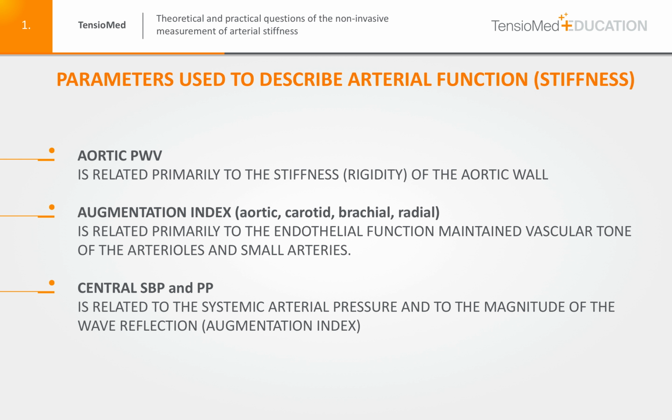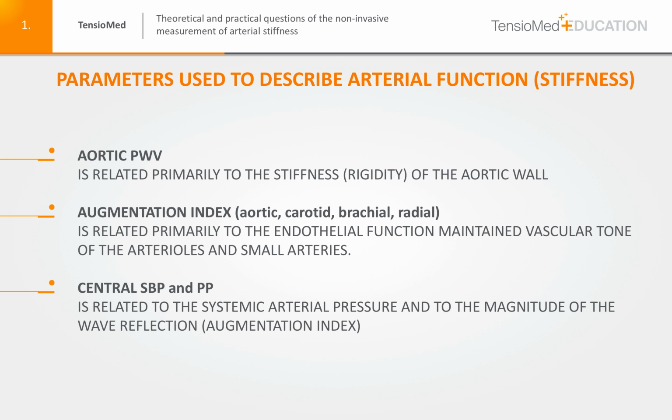The next index is the augmentation index. This can be measured on the aorta, on the carotid artery, and then the brachial artery or radial artery, whenever we want. However, the augmentation index differs from the aortic pulse velocity, because the augmentation index is not a stiffness parameter.